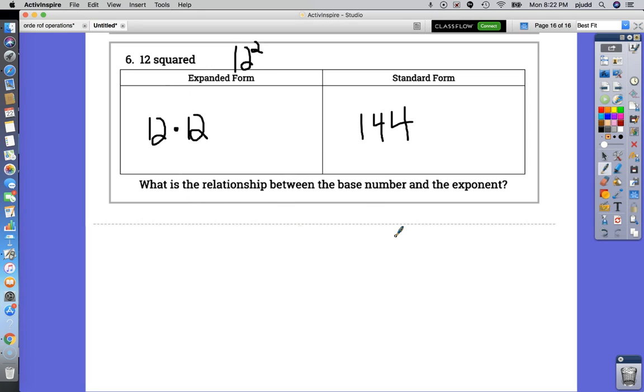Okay, now if you're sitting in seat number 3, you're going to pick up the books. You're going to put them back where they belong for the remainder of the period. You may read silently. You may work on any homework that has not been completed. Or if you have homework from Mr. Storch, you may work on that. You will get your problem of the week tomorrow, and we will spend some time working on it.